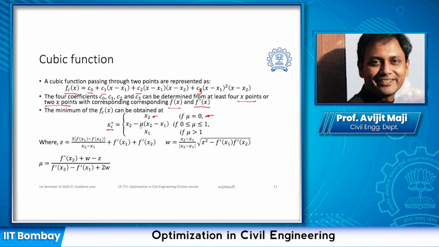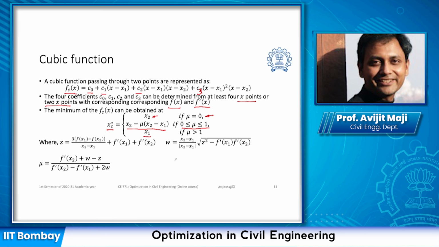So it is going to be between x2 and x1 by this margin, x2 minus mu times (x2 minus x1), provided my mu value is between 0 and 1. It is very clear here, once mu becomes 0, then it will become x2. In case I find that the mu value is greater than 1, then the optimum point lies at the first point, which is x1.